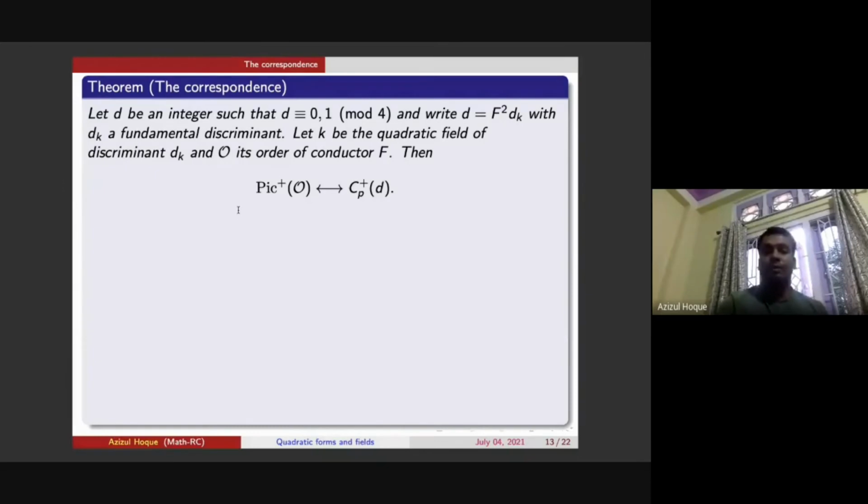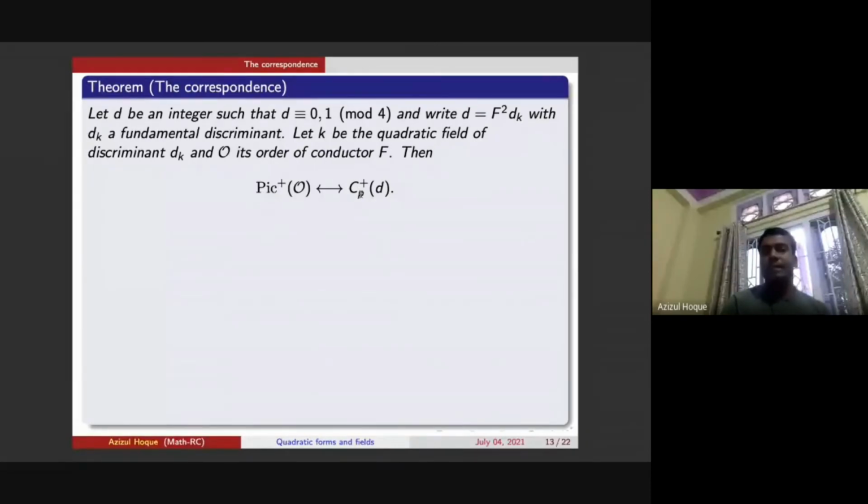So in the numerator we have the group of all fractional ideals in O, quotiented by the group of principal fractional ideals with positive norm. That is Pic plus.